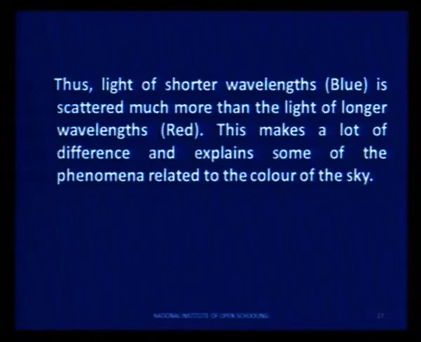The heterogeneous particles of the atmosphere, like dust particles, air molecules, etc., scatter the light, and in scattering, the intensity of short wavelength is scattered more, and intensity of longer wavelength is scattered less.